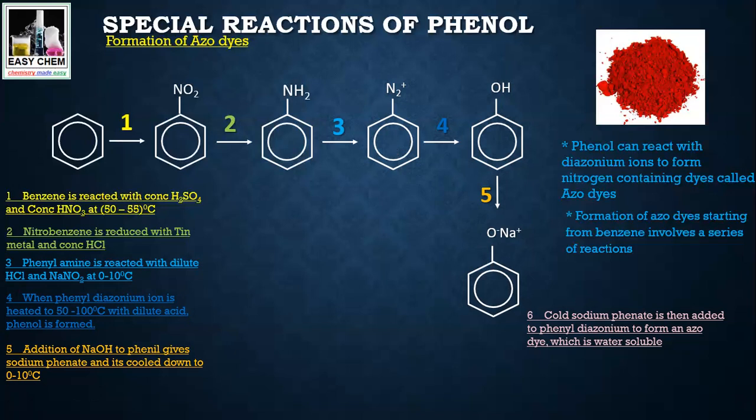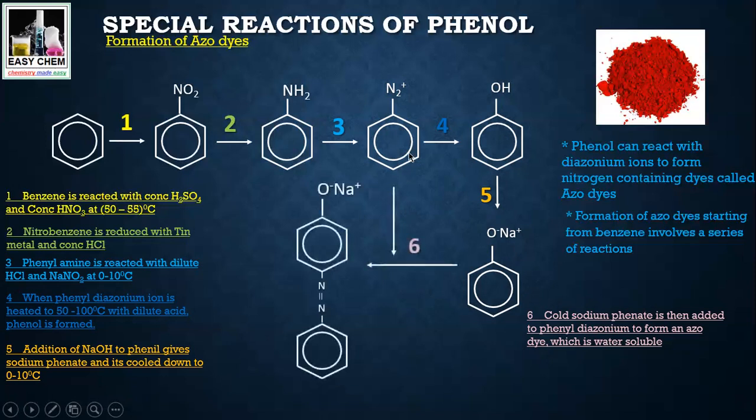It will undergo breaking. You will not have phenyl diazonium ion to react with the sodium phenate. So you have to cool it down. And then cold sodium phenate is added to phenyl diazonium to form an azo dye, which is water soluble.